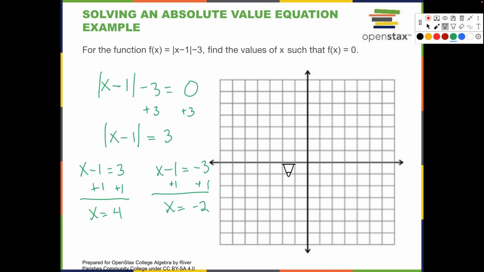And so what that's telling us is that whatever this graph looks like, it's going to be crossing the x-axis there, 1, 2, 3, 4, and there. Notice we moved this way and then down 3. That would be our vertex. So that makes sense. If you would have graphed it, you would have seen something like this.